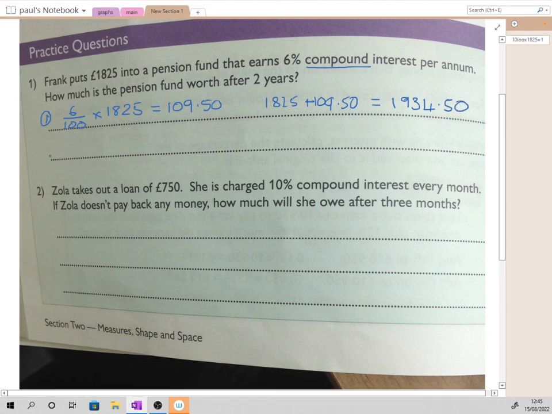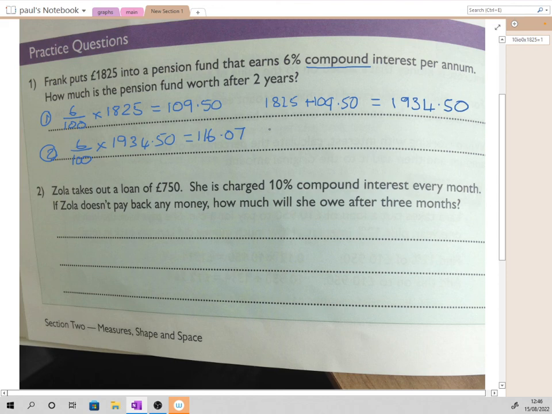Right, year 2. 6% of our new number, 1934.50, is 116.07. You see how it's got bigger in the second year.